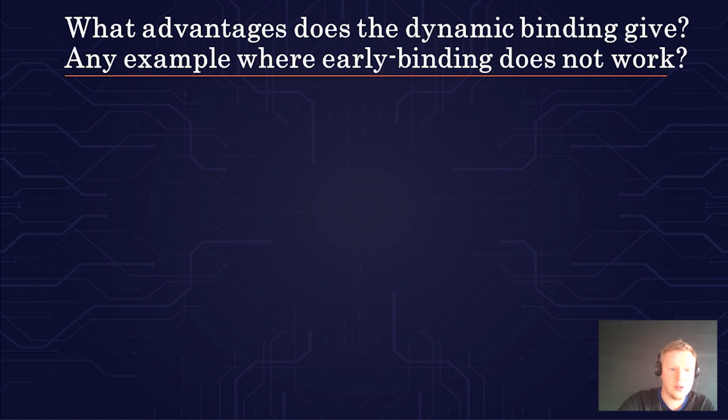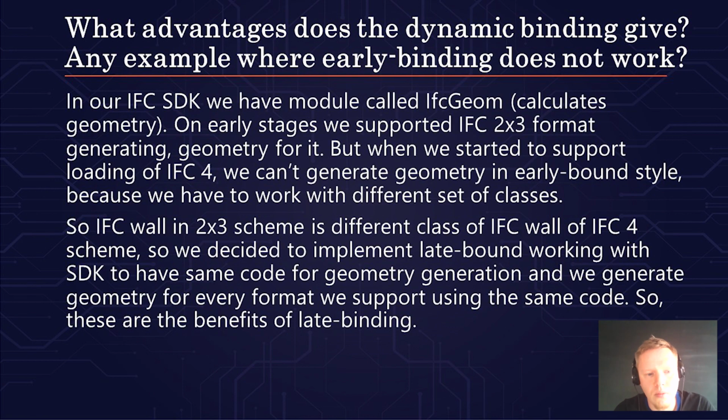The second one is, I understand that IFC early bound means types and late bound means dynamic. What advantages does the dynamic binding give me? Could you give an example where early binding doesn't work? For example, in our IFC SDK we have a module called IFC Geom that calculates and builds geometry.